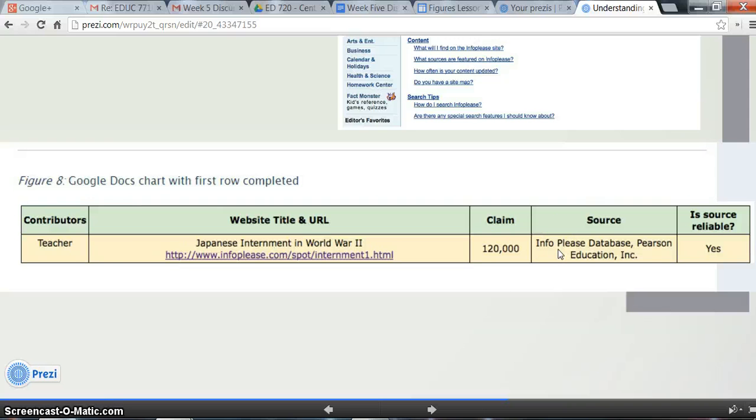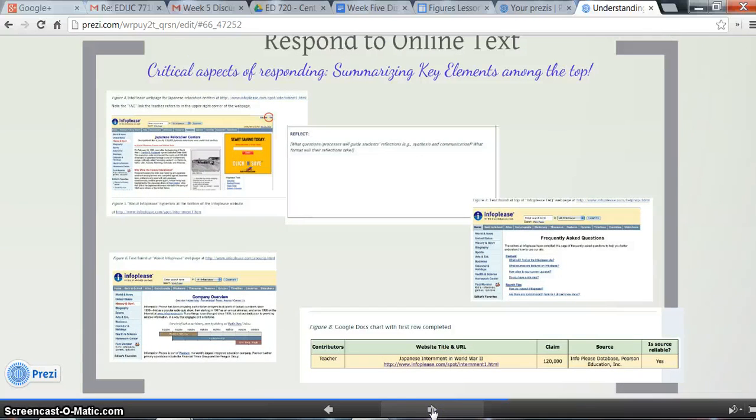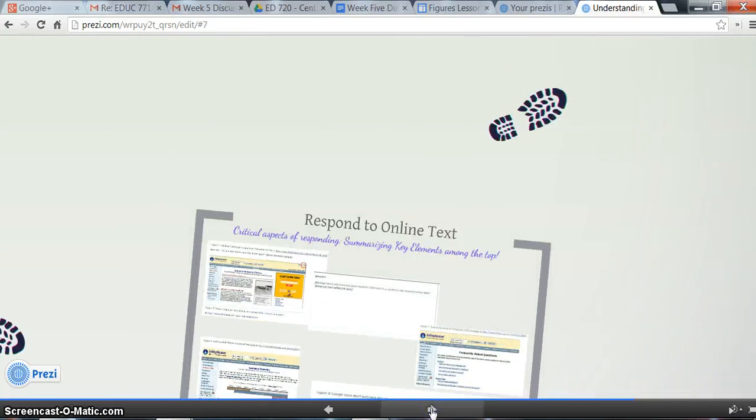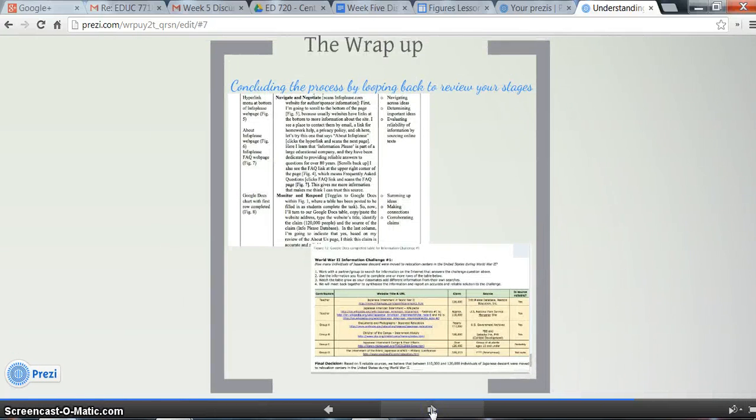It identifies the source, and your response, the teacher says, yes, this is a very reliable source, or the student group has done the work to find that this is a reliable source. Moving on from this, it's about the response, the responding to the online text.